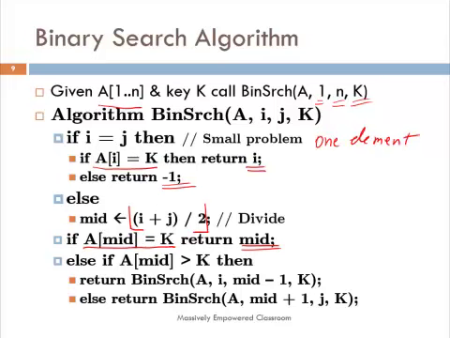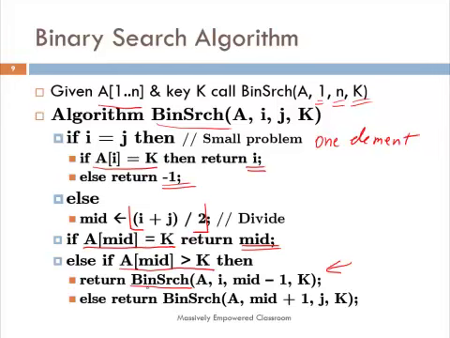If it is not equal, there can be two cases. Either the value there is greater than the key. That means we have already gone too far. We need to look at the first half of the array. We need to move left in this case. So we call binary search recursively for the first subproblem, which in this case goes from i to mid -1.